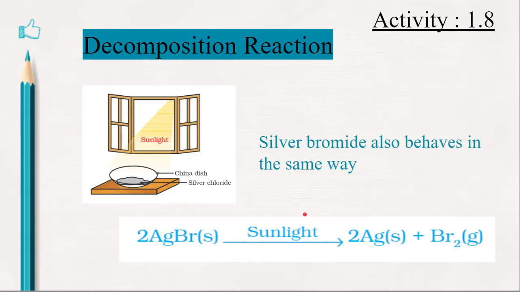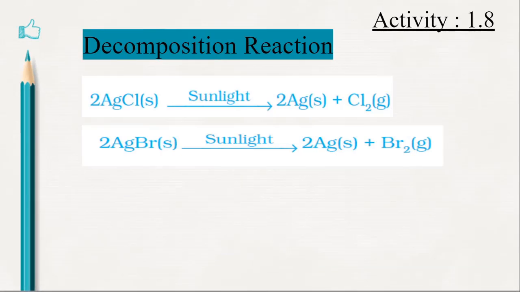It means the decomposition reaction for the silver bromide. Here the silver bromide is the reactant and it breaks down into silver and bromine. So this is an example of decomposition reaction. Here are the two chemical reactions for the decomposition reaction.